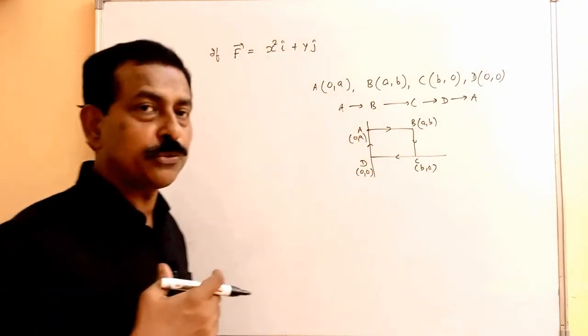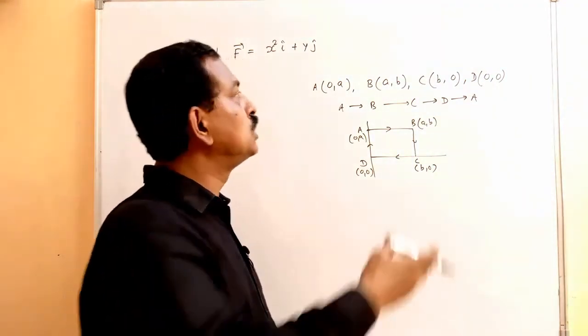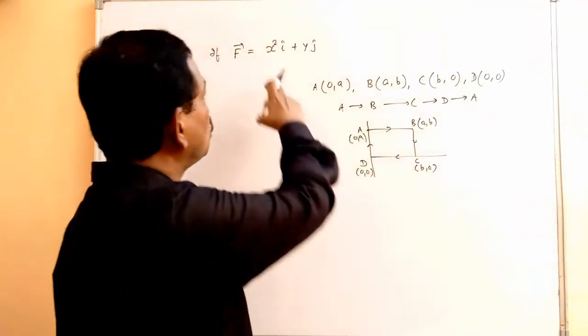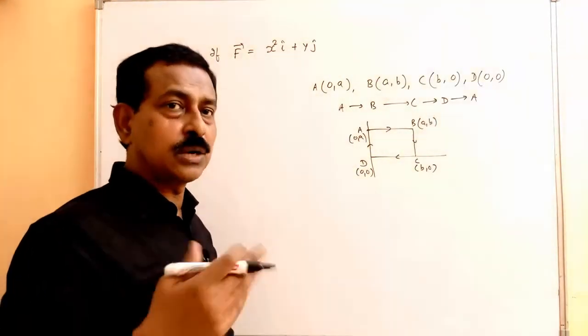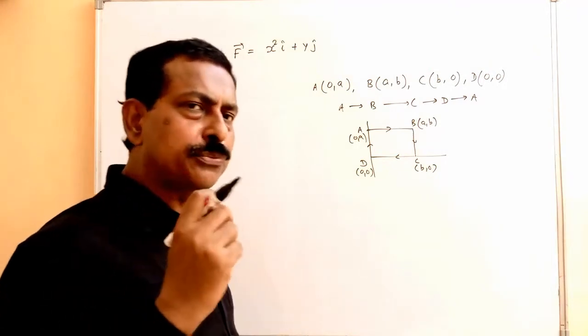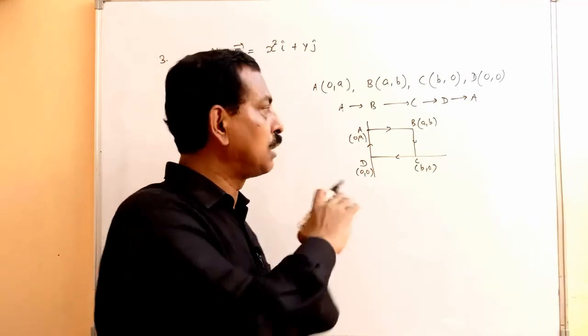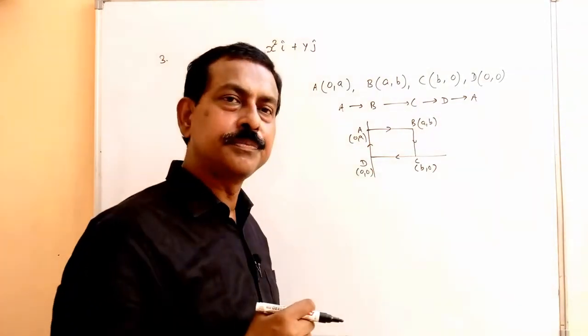First of all, before we do the expression and derive it, because it shows x and y variable terms are there, let's check what type of force this is before we proceed to find work done.